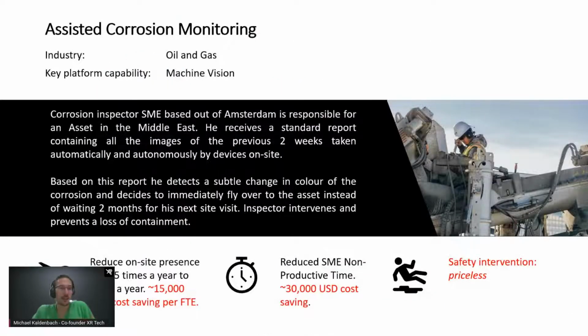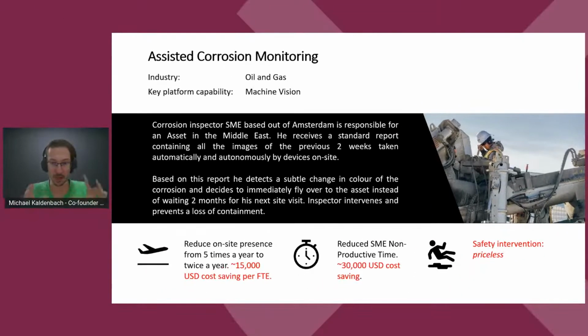How does that work in the field? How can you use machine vision in smart ways, but also in relatively basic ways? I've taken one of the use cases that we support, which looks at corrosion monitoring. Again, this is tagged as oil and gas as an example, but I want to stress that corrosion happens all over the place.